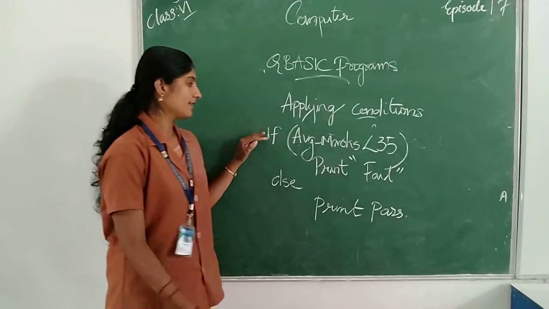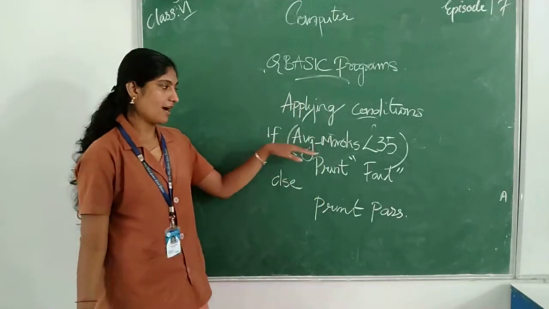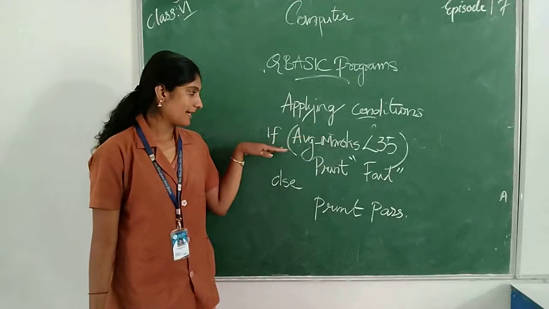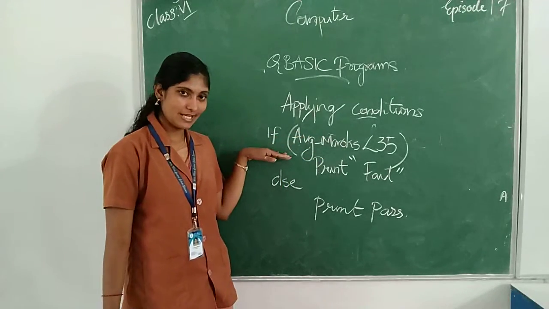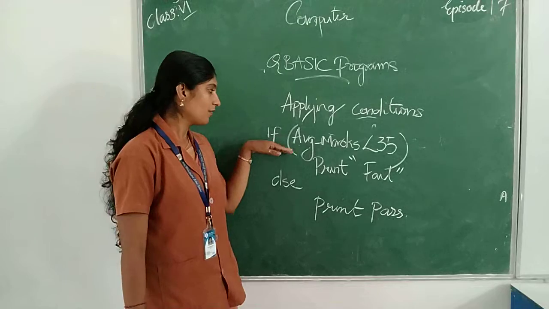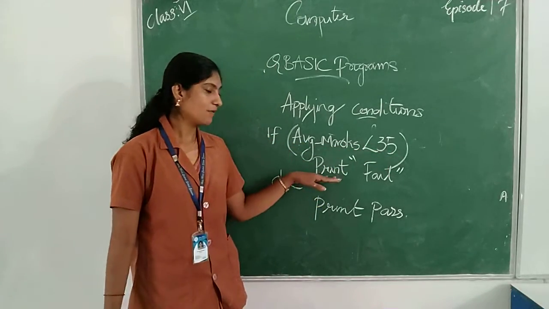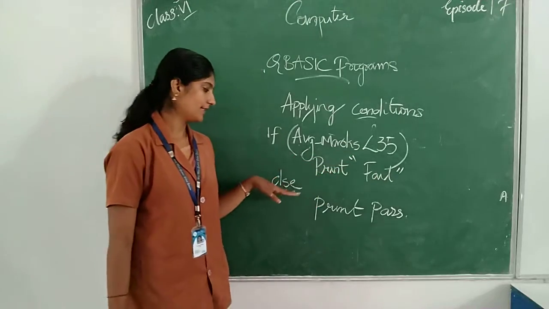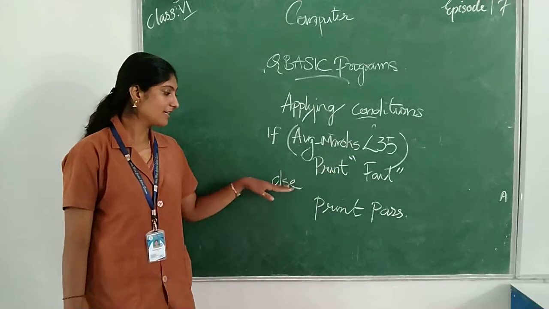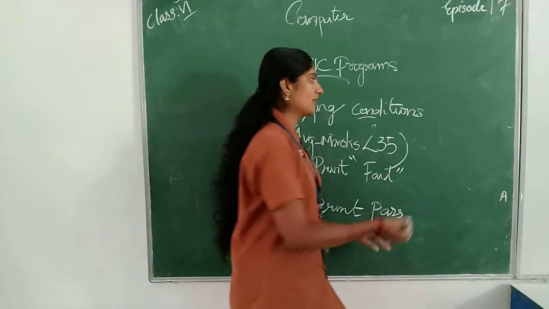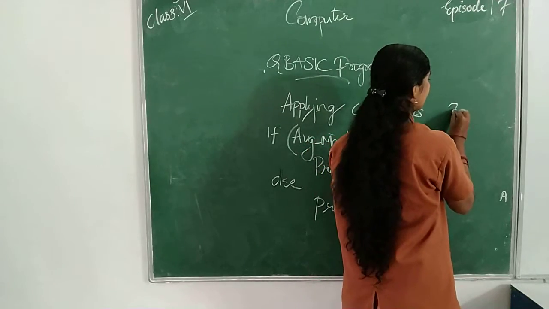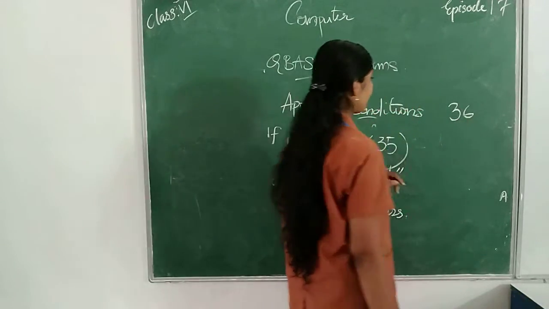Yes. So the test condition here is average mark. Here if is the keyword used. So if average marks less than 35, then print fail. Otherwise, that means the else part, print pass. For example, a student got 36 marks.